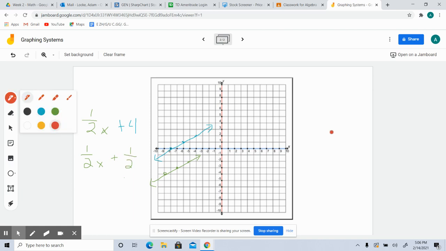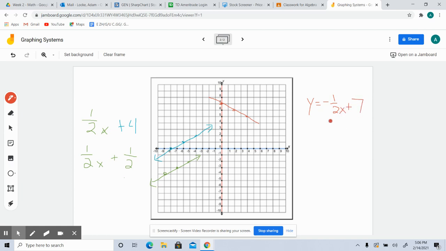But say we've got a line here, and I'm going to use a negative 1/2 as my slope. So that line would be y equals negative 1/2 x plus 7.